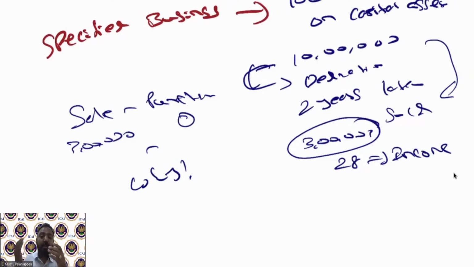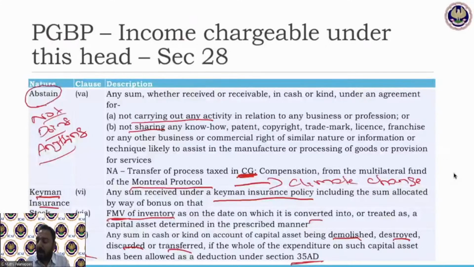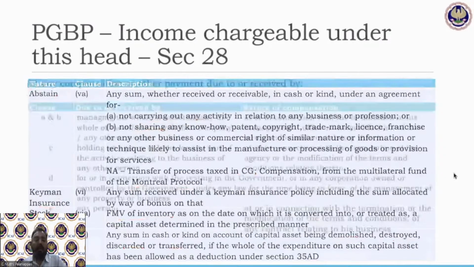But in this case, you have already claimed 100% in your business itself as a deduction. So whatever you receive out of it is again taxable here. So the sale amount is straight away taxable. So that's what any sum on account of capital asset being demolished, destroyed, discarded or transferred is taxable under section 28 clause 7. So that's about your PGBP.